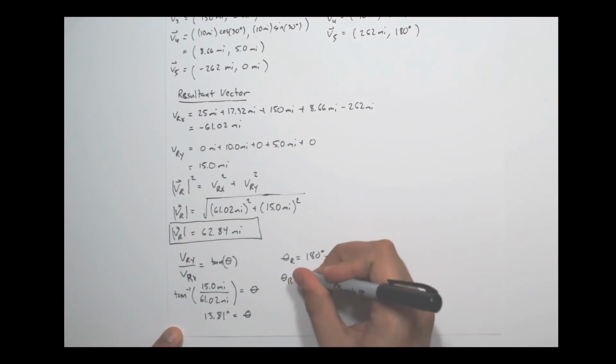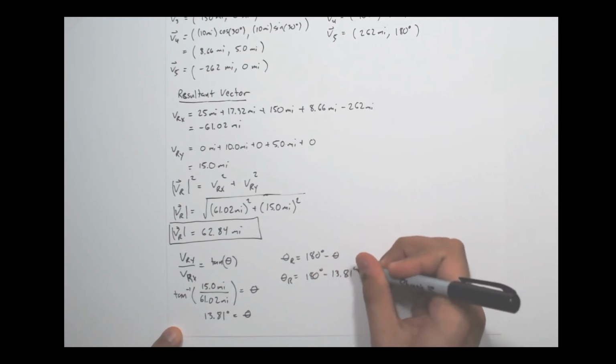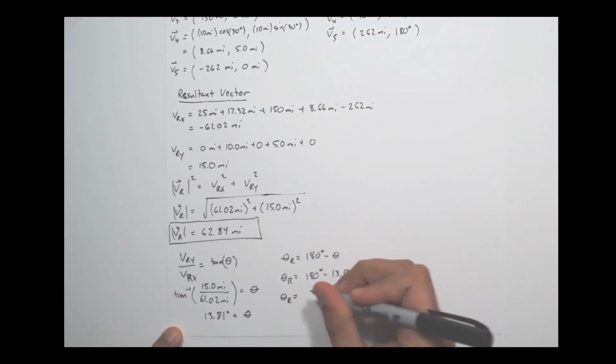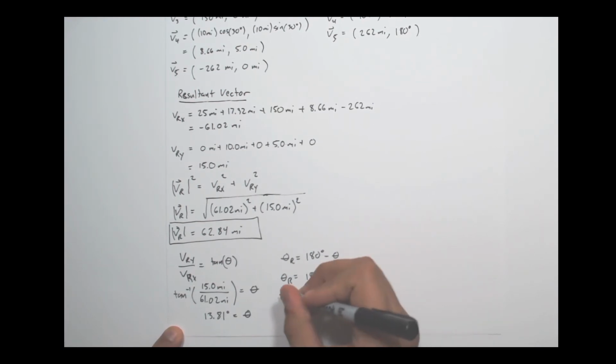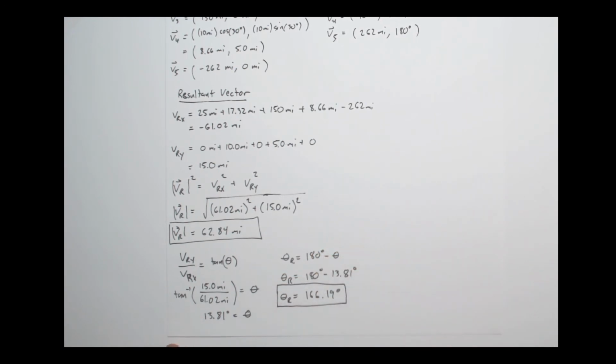So theta r will be 180 degrees minus the 13.81 degrees, and so theta r is now just 166.19. I'm not worrying about significant figures in this problem, guys. I just want to give you enough digits so you can easily confirm that you're typing the same thing that I am here. So I'm not doing any sig fig rounding.